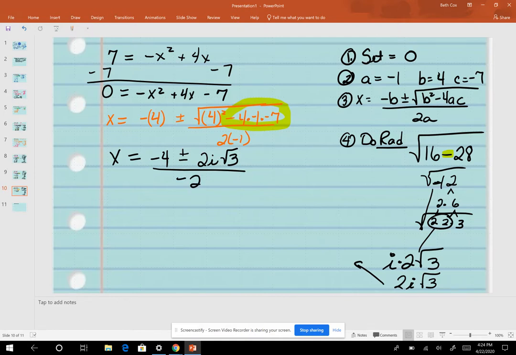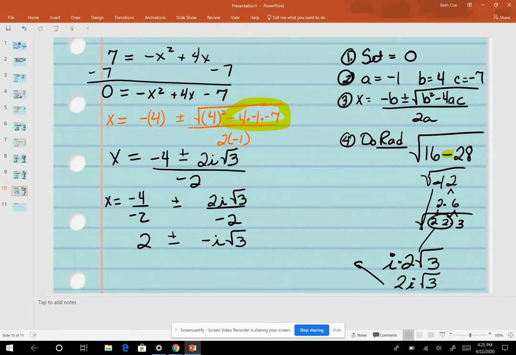Okay, separate your fractions. That's negative 4 over negative 2, plus or minus 2i square root of 3 over negative 2. Okay, this one's going to be 2 plus or minus negative i square root of 3.